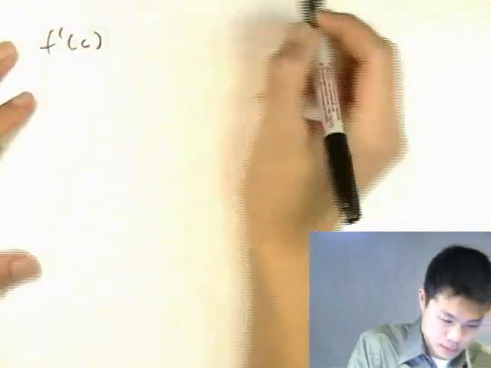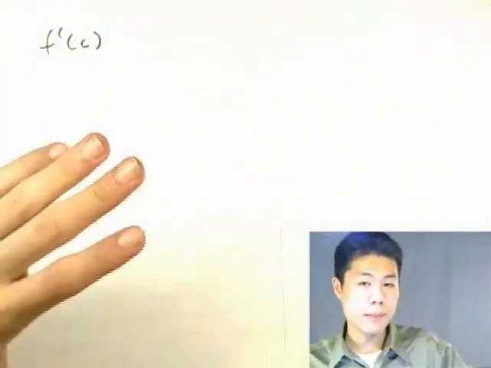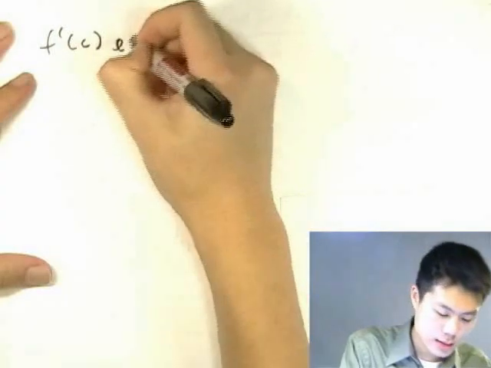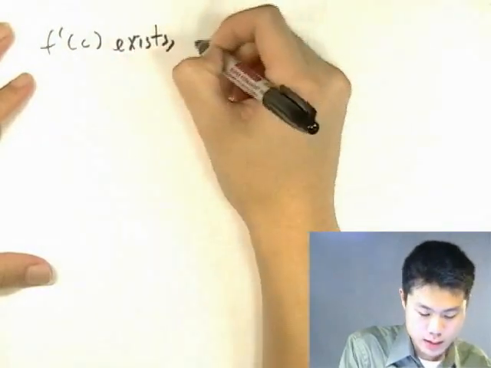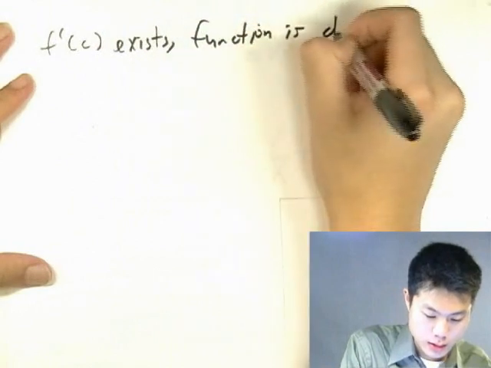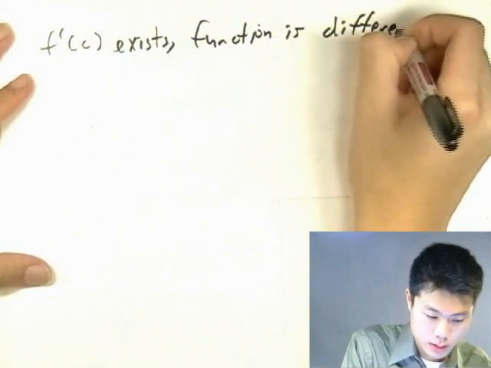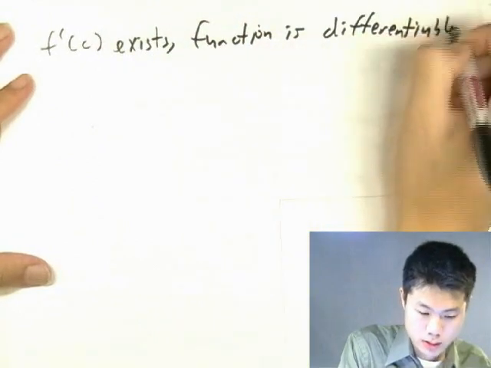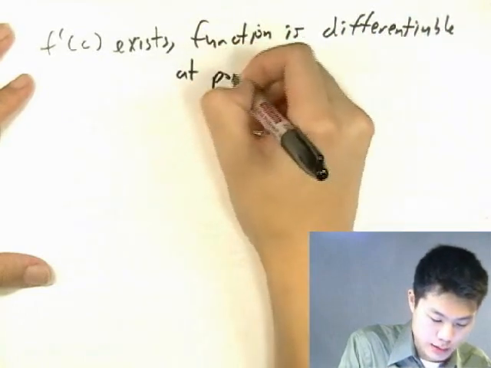Right, so if f prime of c exists, we say that the function is differentiable at the point c.